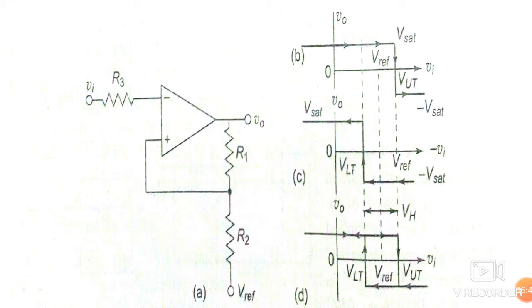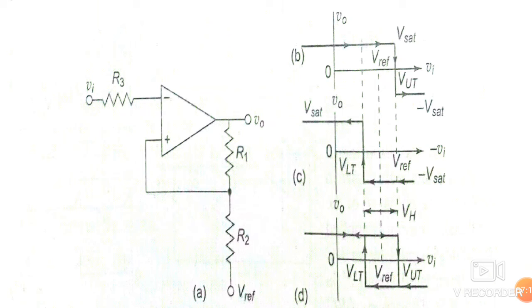Comparator will simply trigger because the open loop gain of the operational amplifier is very high, so output will change directly irrespective of our requirement. But we do not want to change the output of the operational amplifier due to this false triggering.